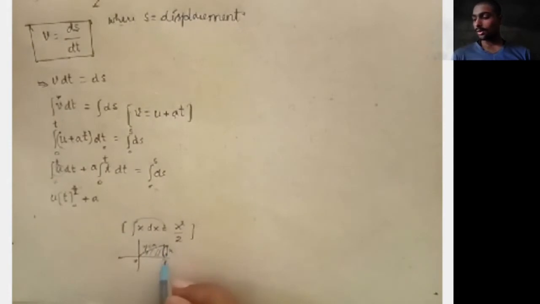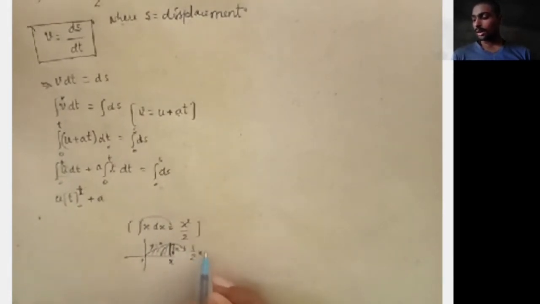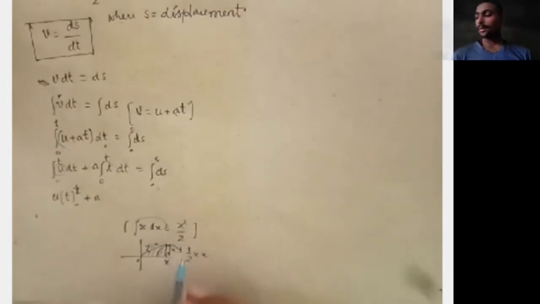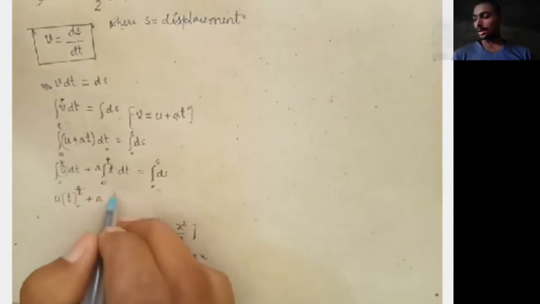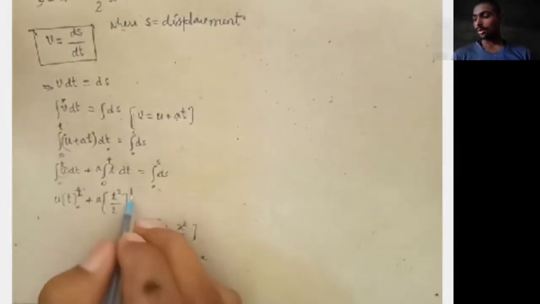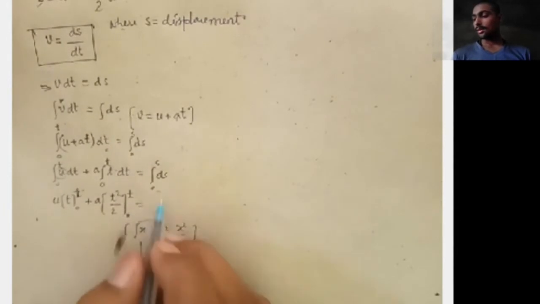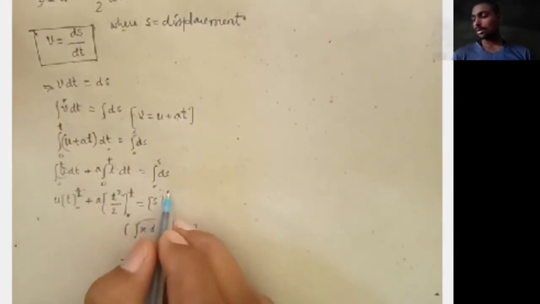This length is also x, so when you calculate this area, you will find that it is half height into base, right? So half x square. So here we will get t square by 2, 0 to t, and distance will be s, 0 to s.